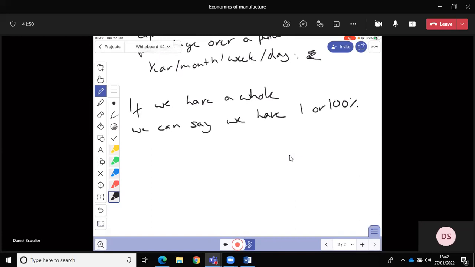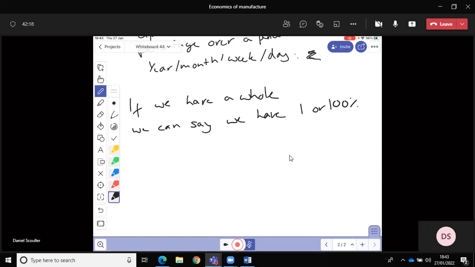That's our starting point as a multiplier. We've got a whole of something, we've got one of them. If that number increases to higher than what we started with, we say it increases to a number greater than 1.